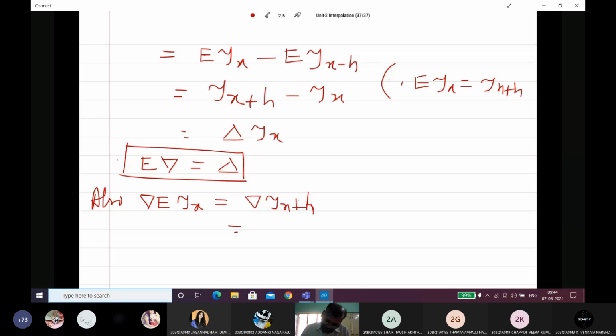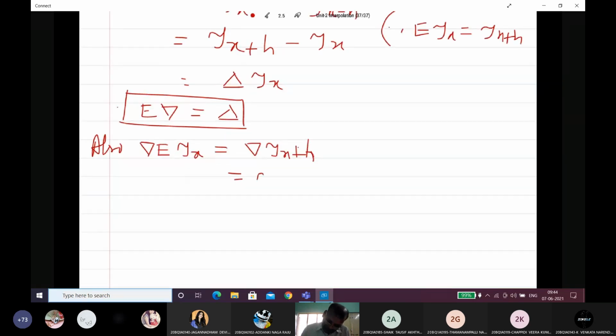Delta of y x plus h is equal to y x plus h minus y x. What is the formula for this one? Delta of y x. Therefore, del E is equal to delta. It is the second one.